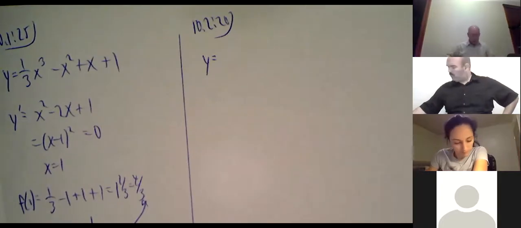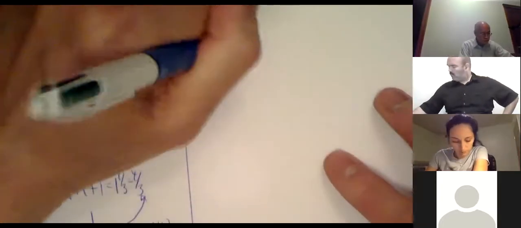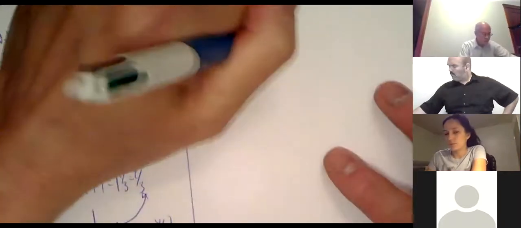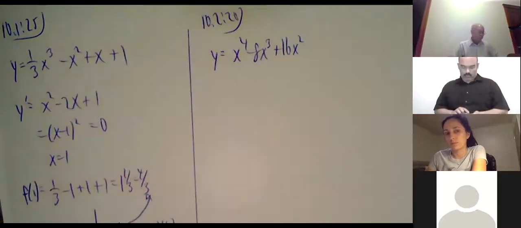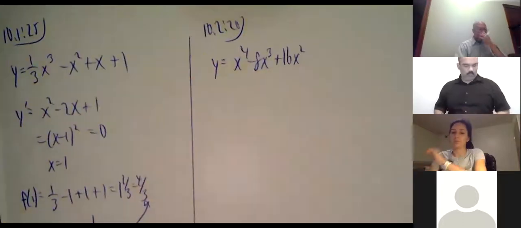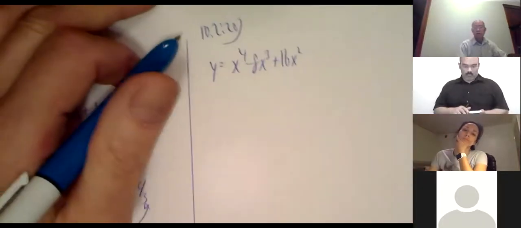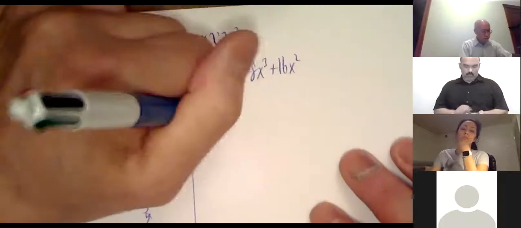X to the 4th minus 8x cubed plus 16x squared. Okay, and I think I'll have to stop after this one, so I need you to have enough time to do the quiz. So I might have to go kind of fast on this, but it's being recorded. You can always check the recording later.